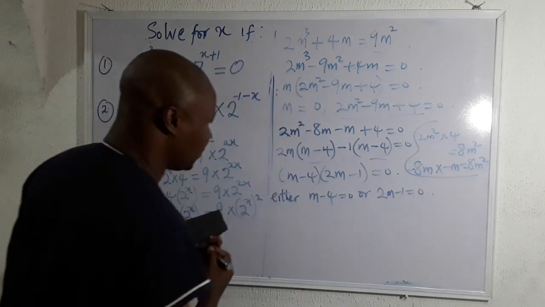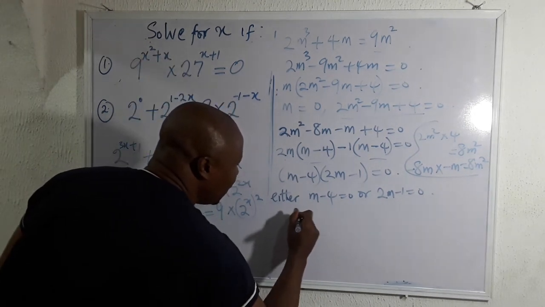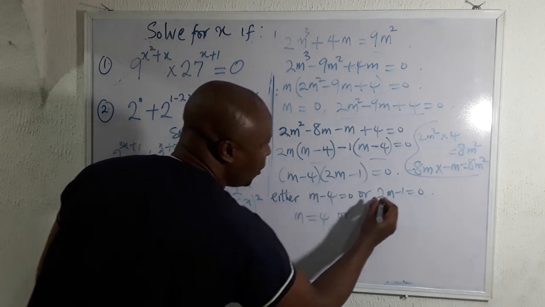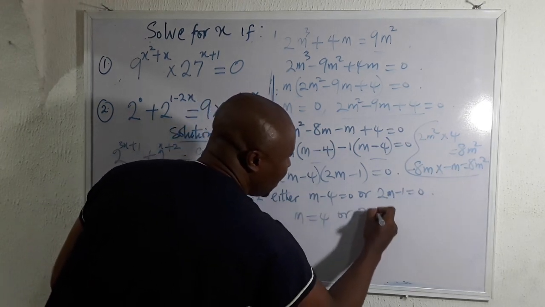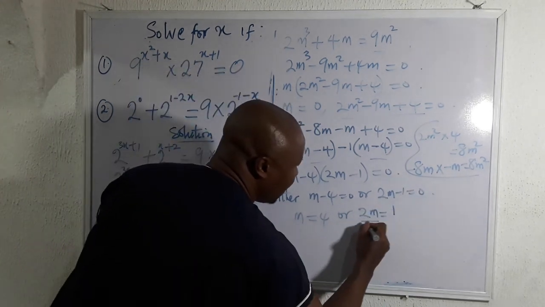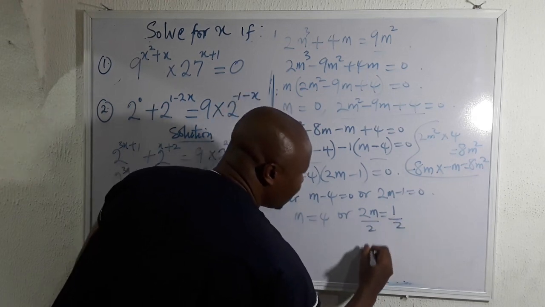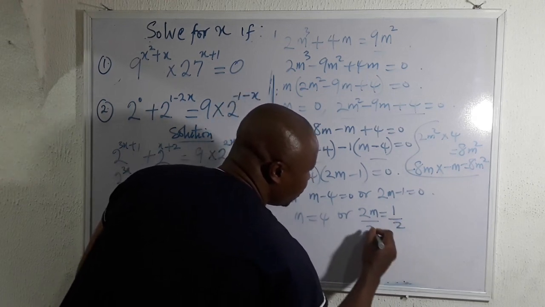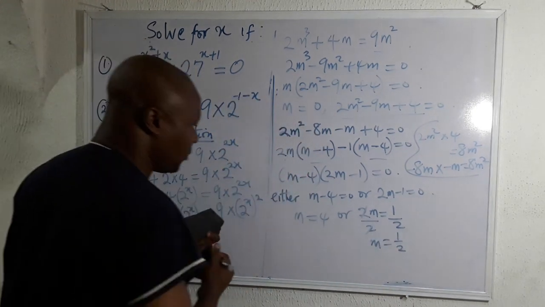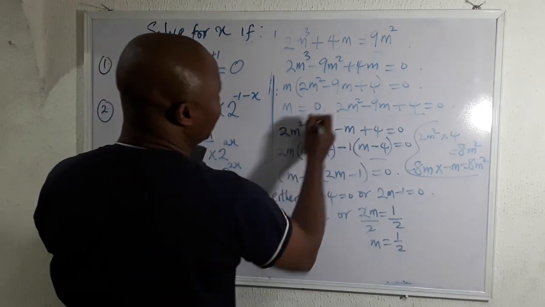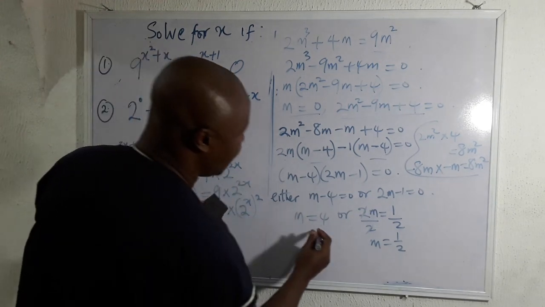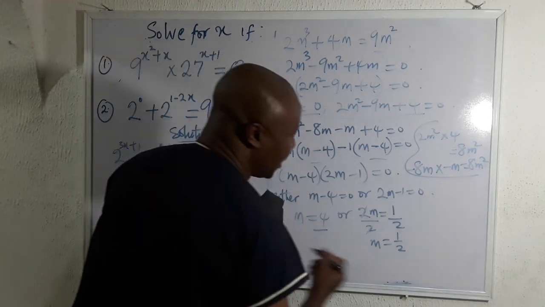What that means is we have m is equal to 4 in the first case, or we move this way, 2m is equal to 1, and therefore dividing both sides by 2, m is equal to 1 over 2. Now we have seen that the first value is m equal to 0, the second value is m equal to 4, and the third value is m equal to half.